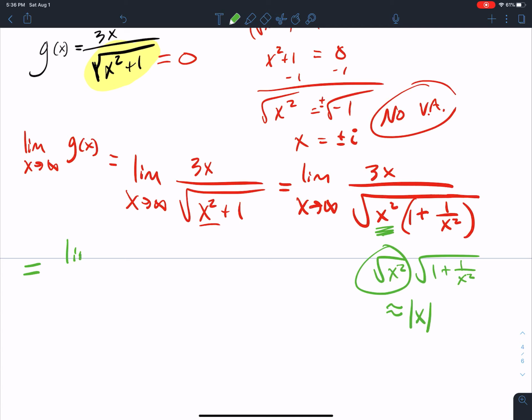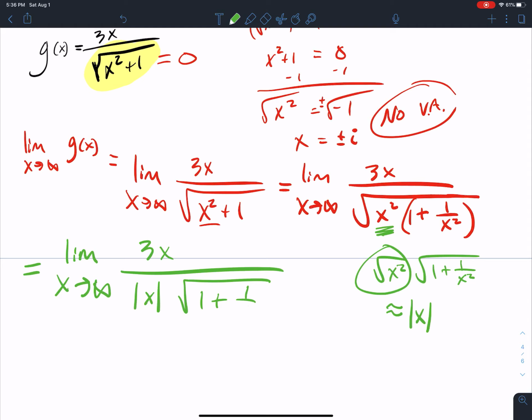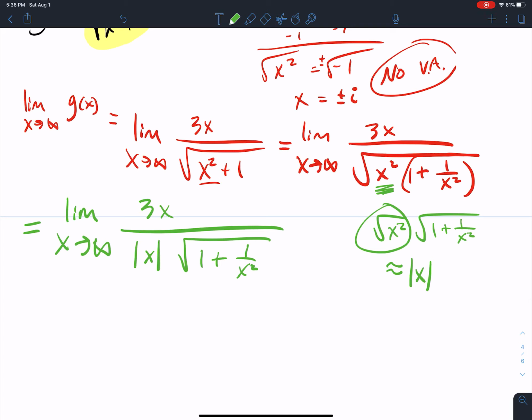This is equal to the limit as x goes to infinity of 3x over the absolute value of x times the square root of 1 plus 1 over x squared. Okay. Now, if x is going to positive infinity, what can I do? I can drop the absolute value because for x greater than or equal to 0, this is equal just to x, right?